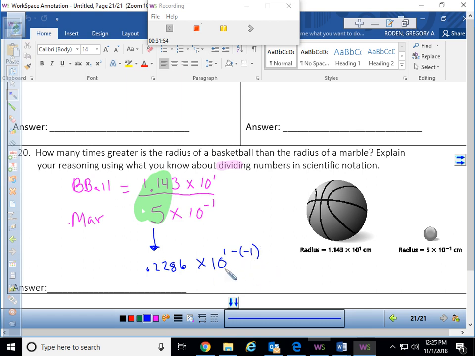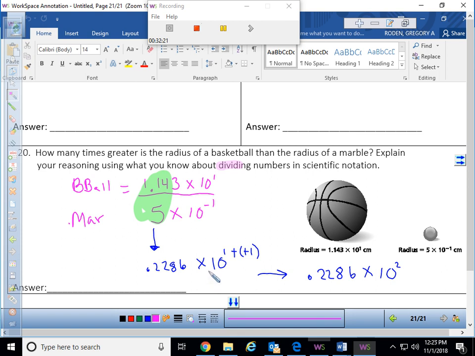So let's take care of this business. So I'll kind of do some work over here. So it's going to be 0.2286 times 10 to the, let's see here, these cancel out to positives. So 1 minus negative 1 is really just 1 plus 1, which is 2. Now I'm not in scientific notation, so I need to make that happen.